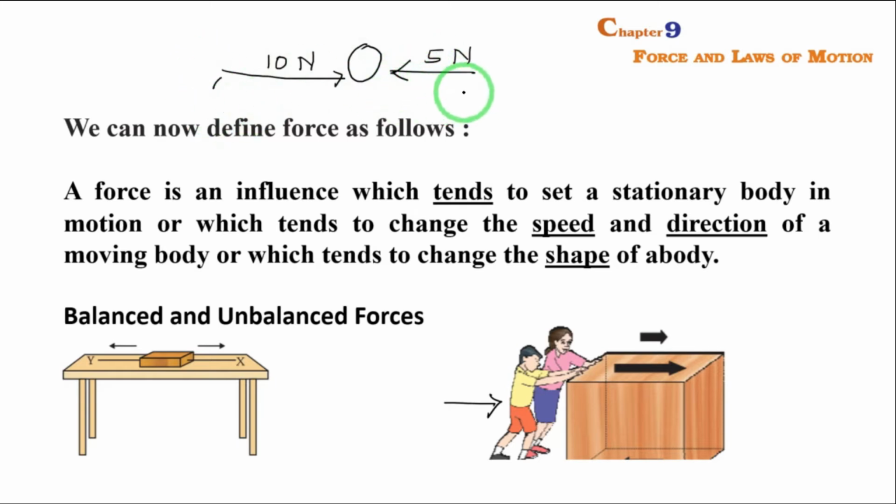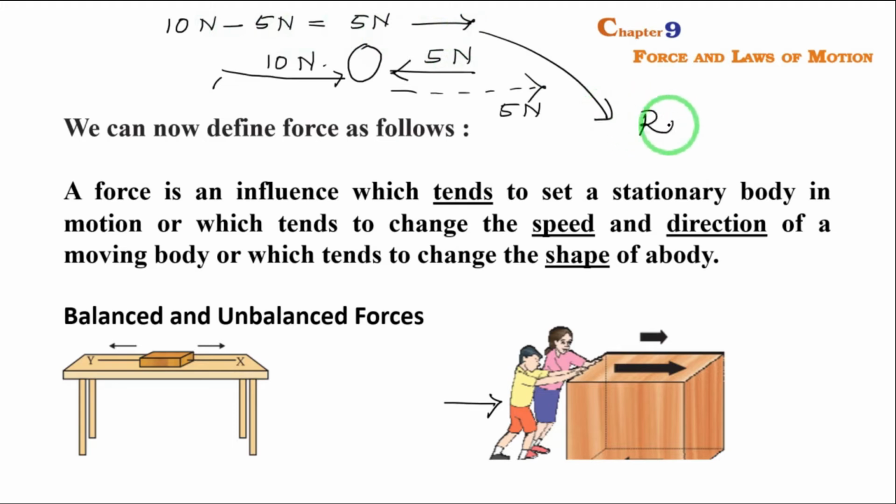So what is the total effect of this force? The body will move in this direction with how much force? 5 newtons of force. Since they are opposite, the final force is 10 newtons minus 5 newtons, which is equal to 5 newtons in this direction, and that is the resultant force which you have already studied.